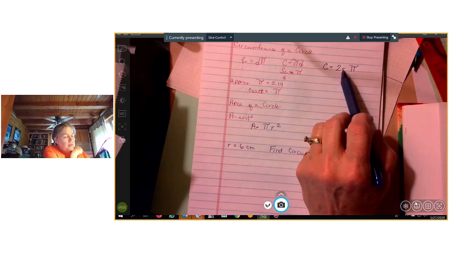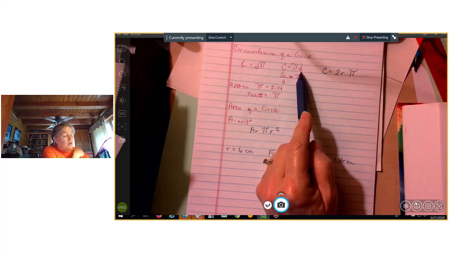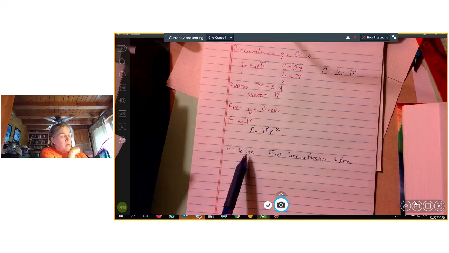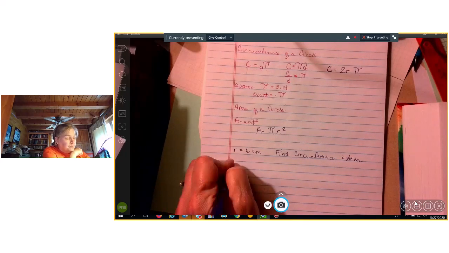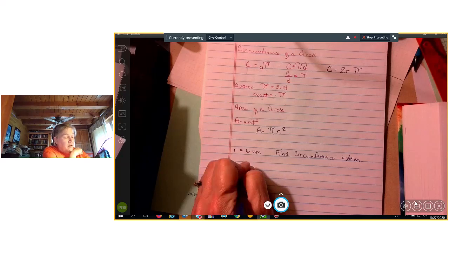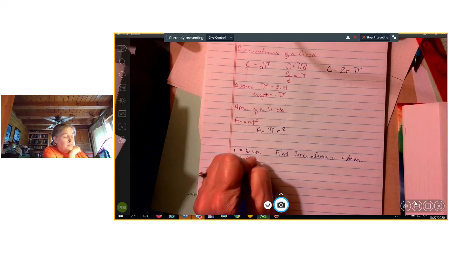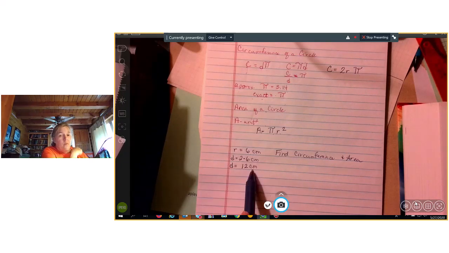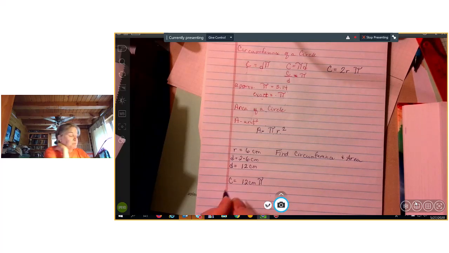So the circumference, remember the diameter is 2 times the radius. So if I know that the radius is 6 centimeters, then I can keep it as radius, or I can say then that the diameter is going to equal 12 centimeters, because the diameter is going to equal 2 times 6 centimeters. So the circumference for this is going to be 12 centimeters pi, if that's an exact answer.